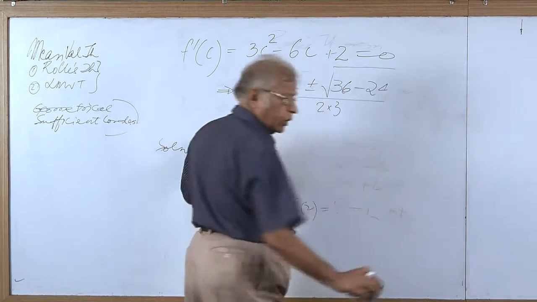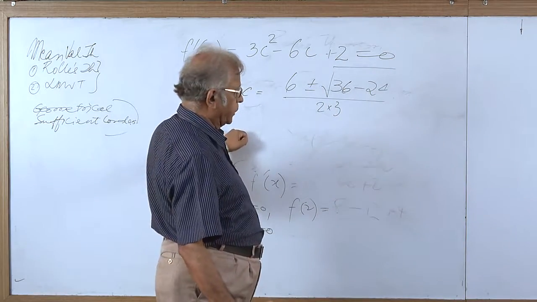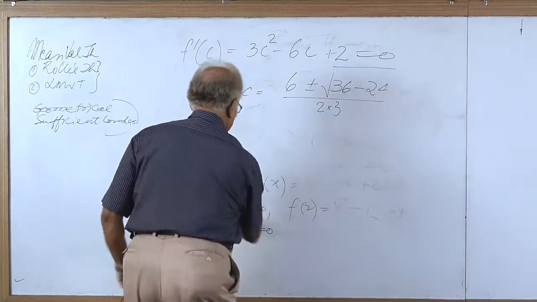If we take the square root of 12, 4 into 3, we will get 2 root 3.